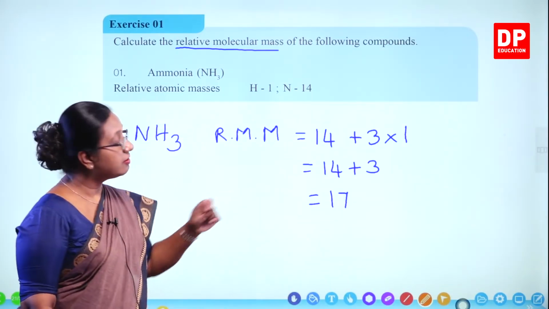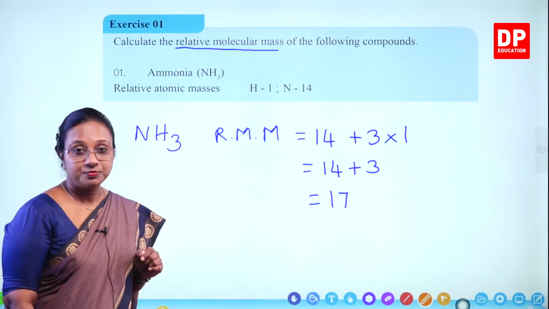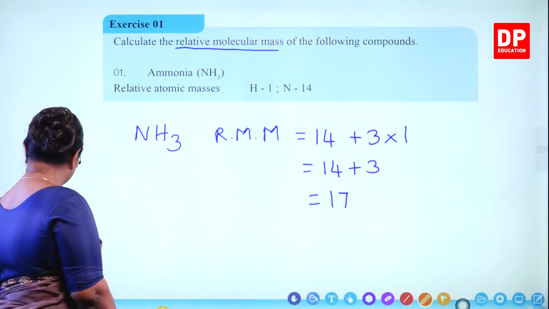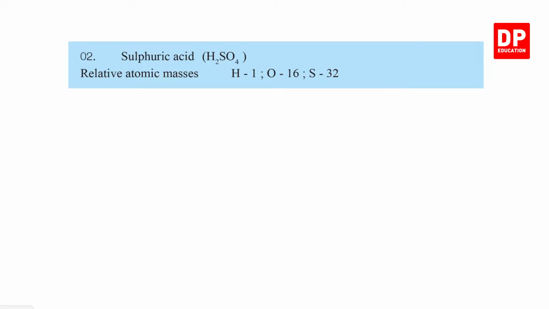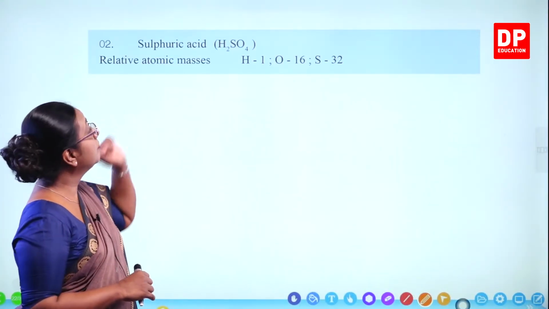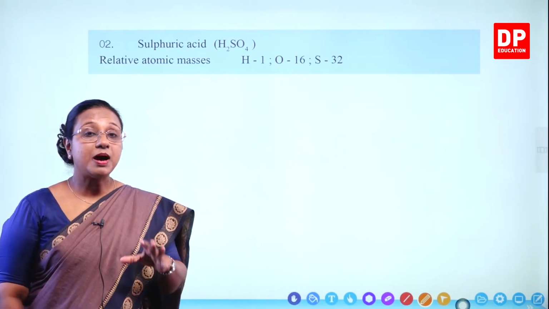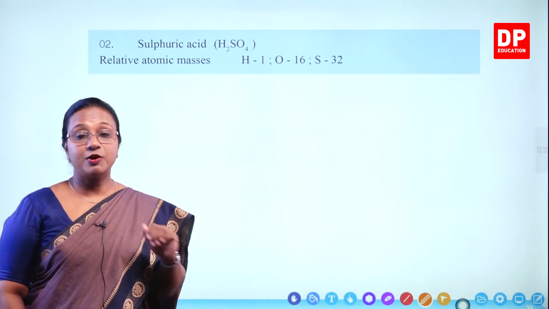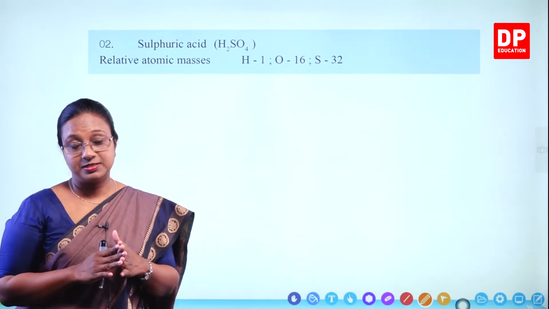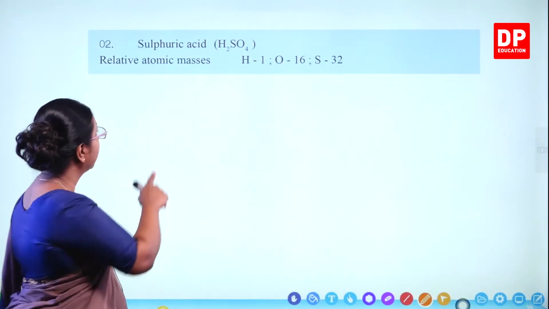That is the relative molecular mass of ammonia. Then the next one, sulfuric acid, H2SO4. But students, you all have to remember the molecular formulae of different compounds that are necessary for your syllabus. So you have to remember their molecular formula.